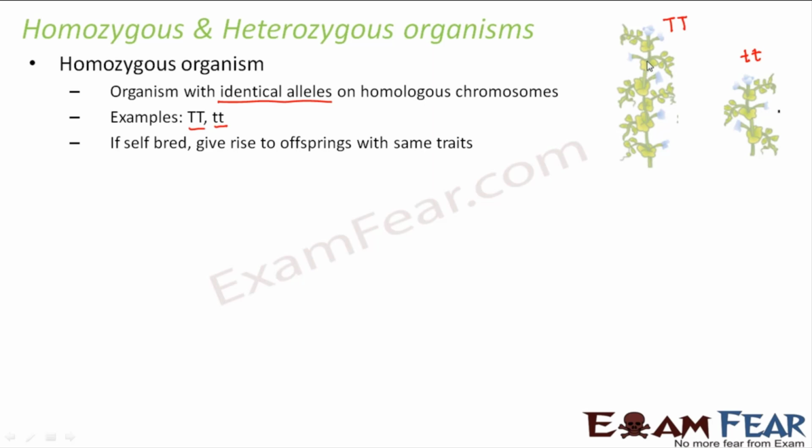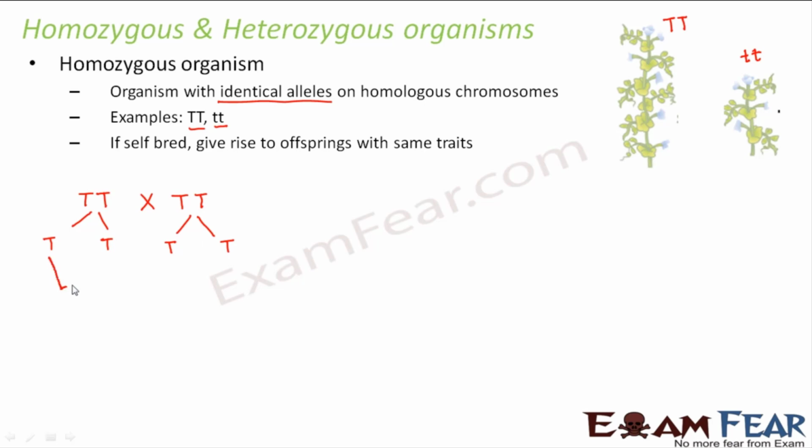So, let us see exactly what happens on self-breeding. Let us suppose we self-pollinate the homozygous tall plant, that means a tall plant with another tall plant. This tall plant has two alleles, T and T. Similarly, this tall plant also has two alleles. Now what are the possibilities?